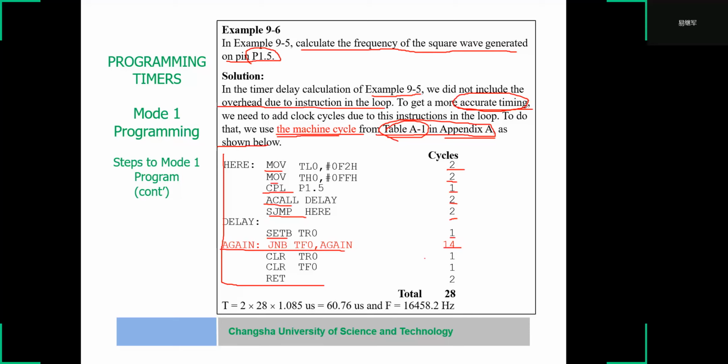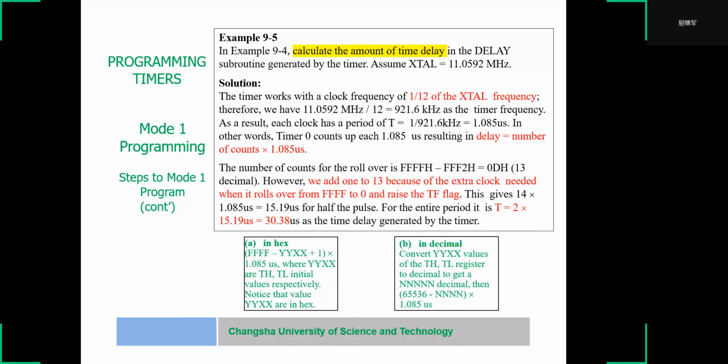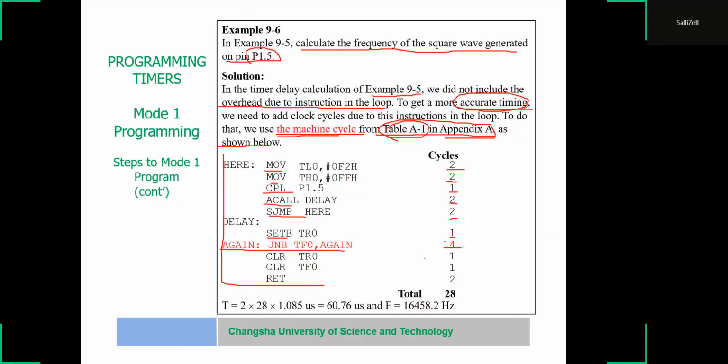So why is it 14 machine cycles? We have already calculated the timer in machine cycles, 14 here.